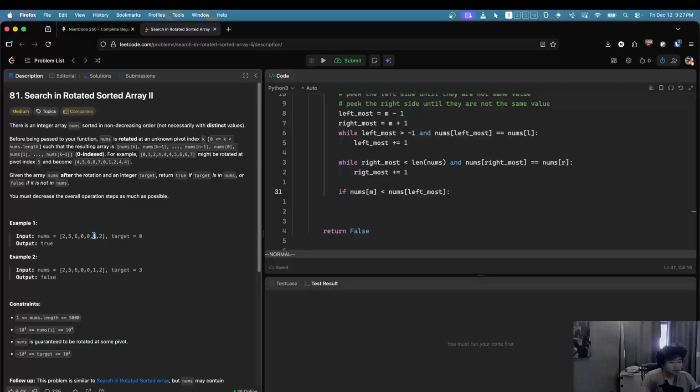So another case is if it's ascending, like normally, then we are on something else, you know? So, for example, if we're ascending correctly, like, let's say this was the pivot, right? So this is saying the middle is greater than the leftmost.